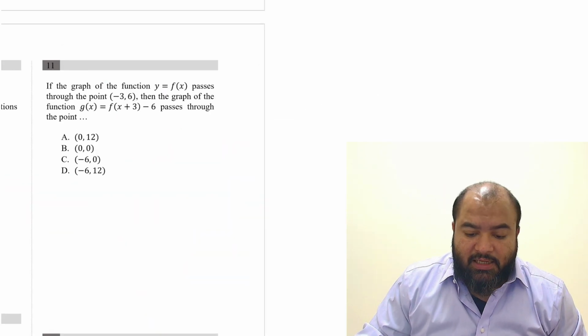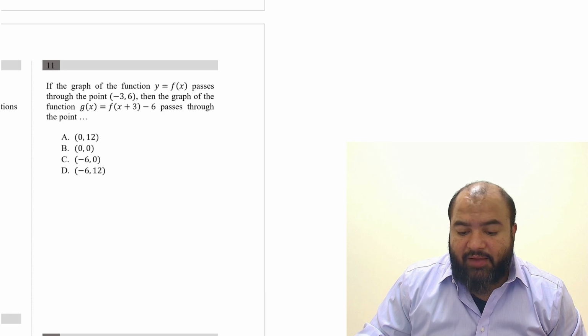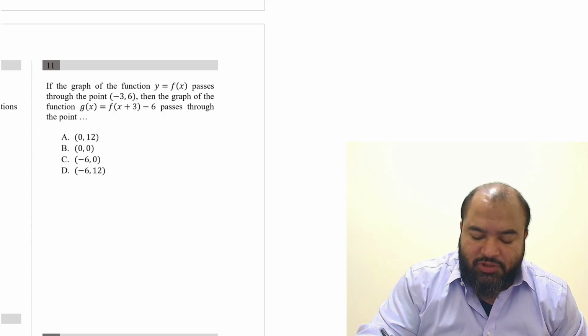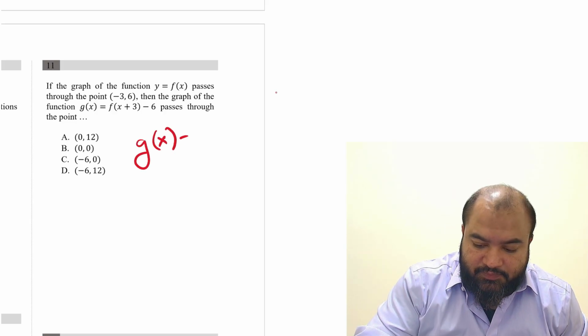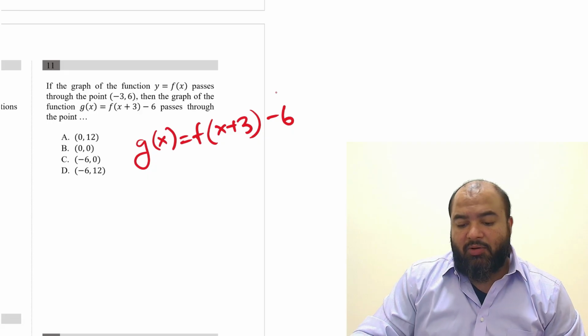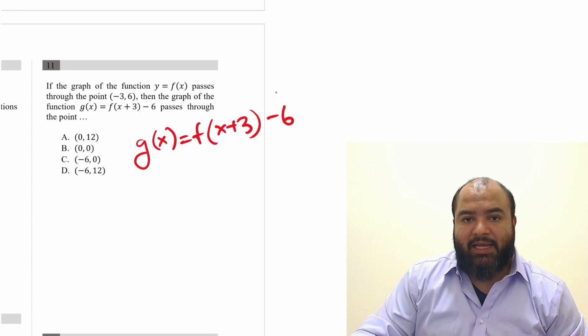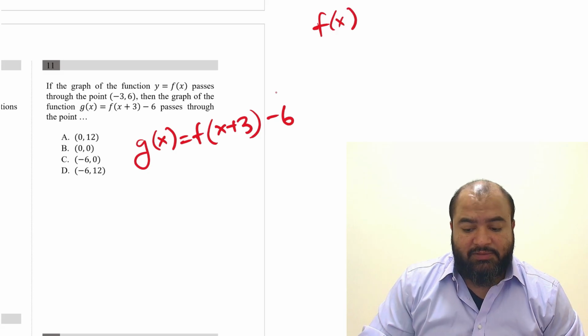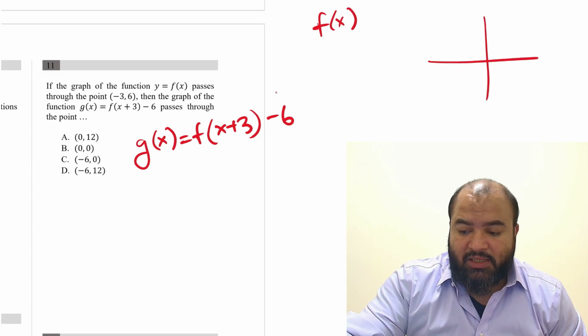Now they said if the graph of the function y equal to f of x passes through the point negative 3, 6, then the graph of function g of x is equal to f of x plus 3 minus 6. Now let me tell you something about translating graphs, like moving them around. Let's say if you have f of x, whatever the graph is, let's say something like a parabola.